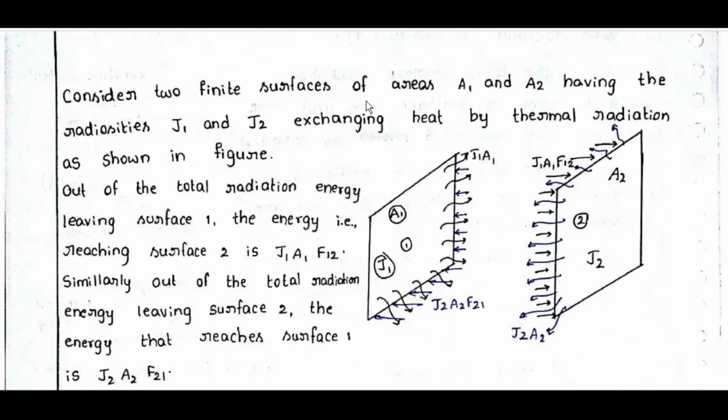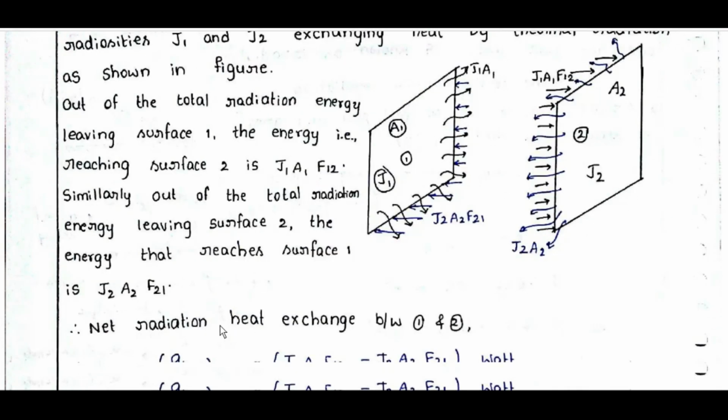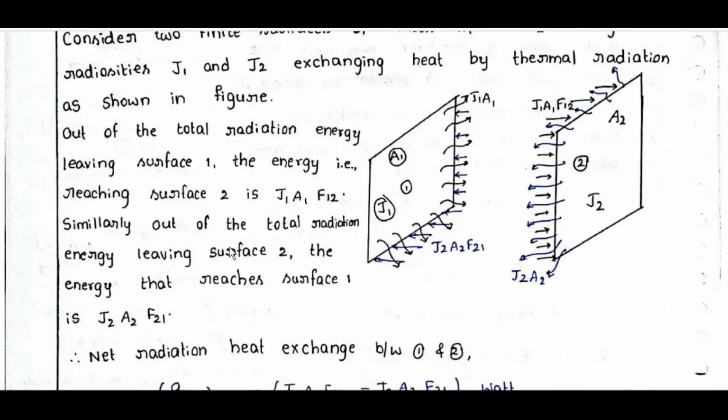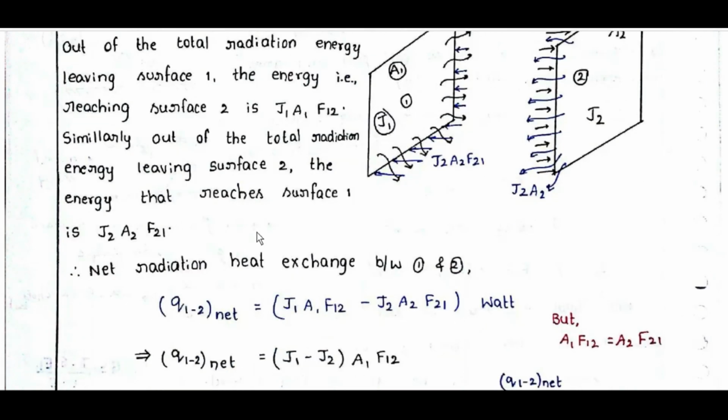Consider two finite surfaces of areas A1 and A2 having the radiosities J1 and J2 exchanging heat by thermal radiation as shown in the figure. Out of total radiation leaving surface 1, the energy that is reaching surface 2 is J1 A1 F12. Similarly, out of total radiation energy leaving surface 2, the energy that reaches surface 1 is J2 A2 F21.